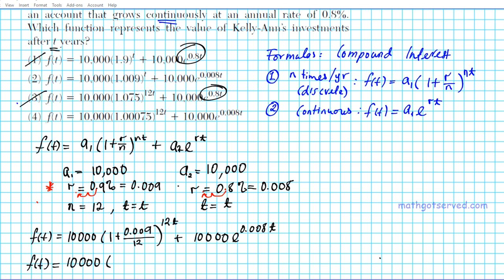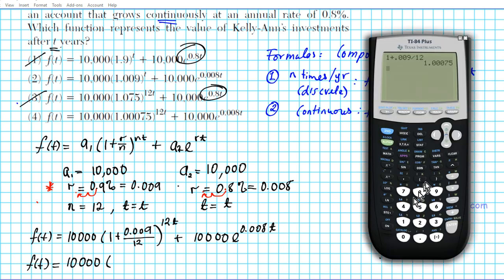So we have, let's clear that out, 1 plus 0.009 divided by 12. Okay, so it's 1.00075.